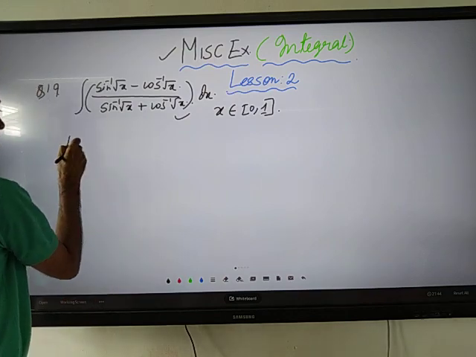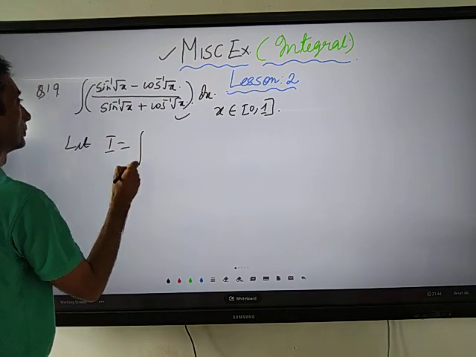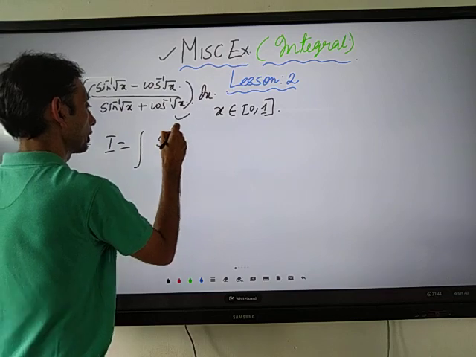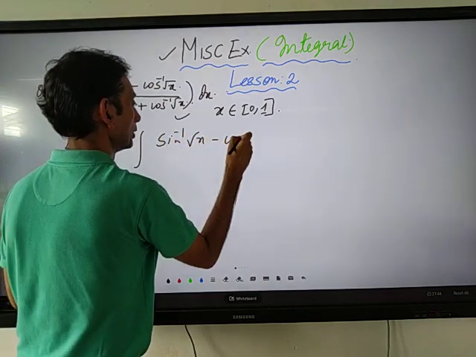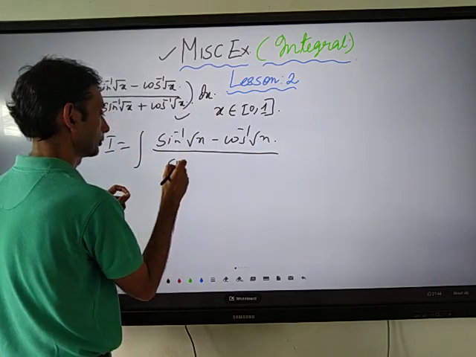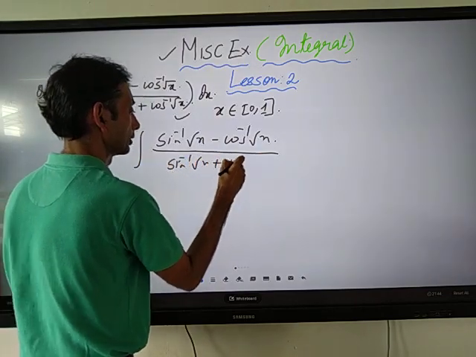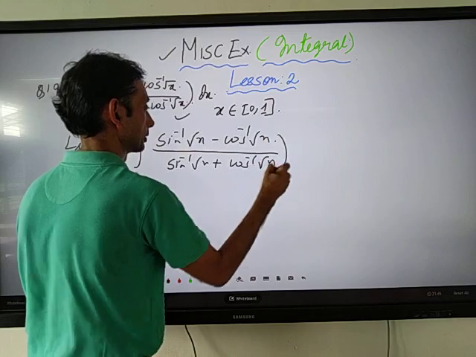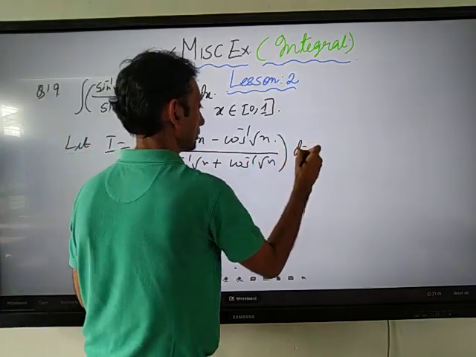Let I equal the integral of (sine inverse root x minus cos inverse root x) by (sine inverse root x plus cos inverse root x) dx.